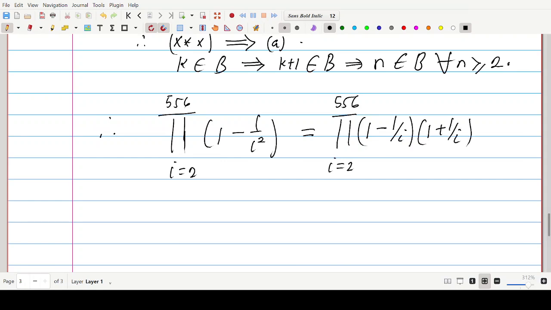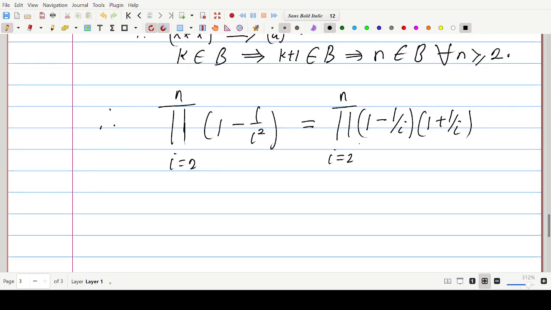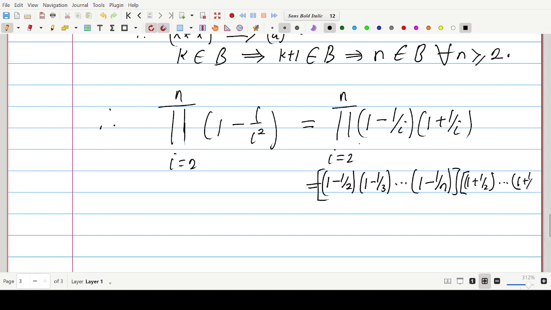Let me remove this number first and use n instead, to make the work simple. Now, we've observed that the result can be written as 1 minus 1 over 2, 1 minus 1 over 3, until you get to 1 minus 1 over n, multiplied by the same thing, 1 plus 1 over 2 until you get to 1 plus 1 over n.